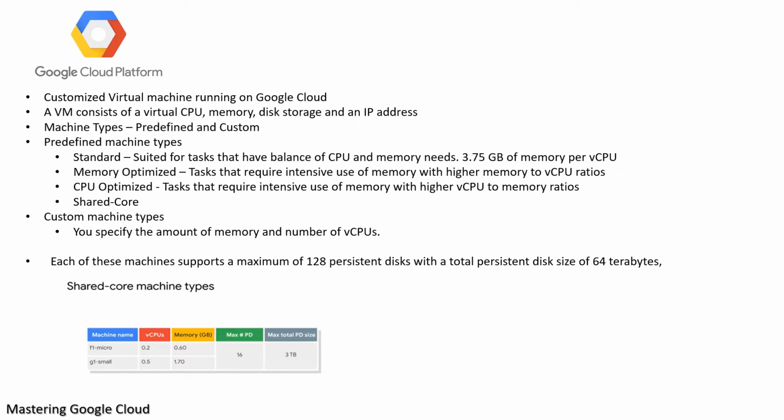Questions may not directly ask how many persistent disks you can have, but the question might be in a form that requires you to remember the quotas for certain Google Cloud products. So you should remember that each machine type supports a maximum of 128 persistent disks and a total persistent disk size of 64 terabytes.